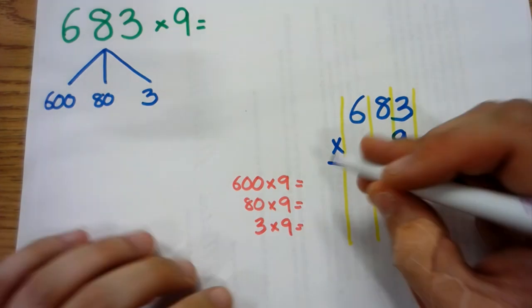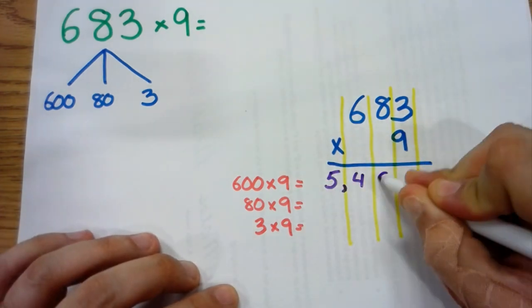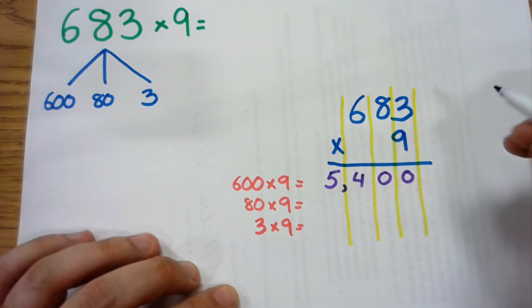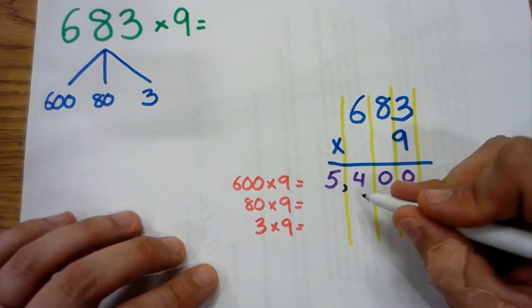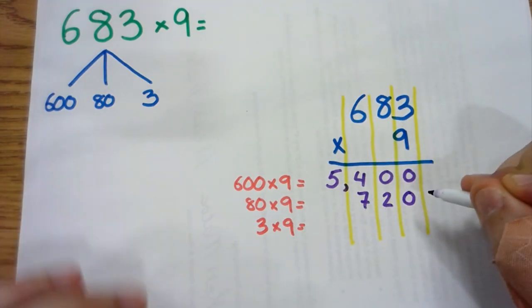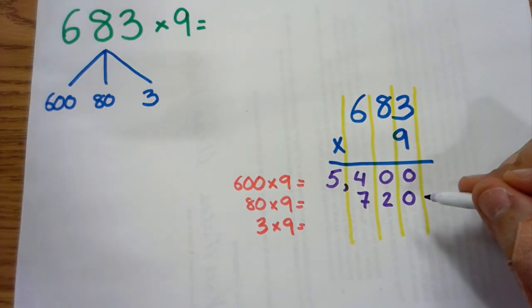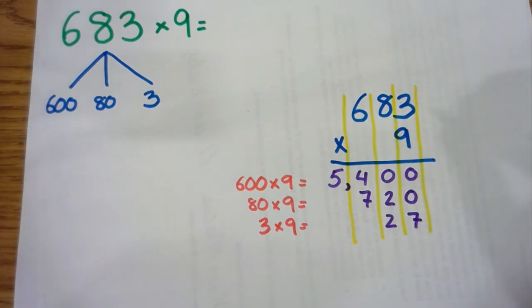So 600 times 9 is going to be 5,400. 80 times 9. Well, I know 8 times 9 is 72. So 80 times 9 has to be 720. And lastly, 3 times 9. 3 times 9 equals 27.